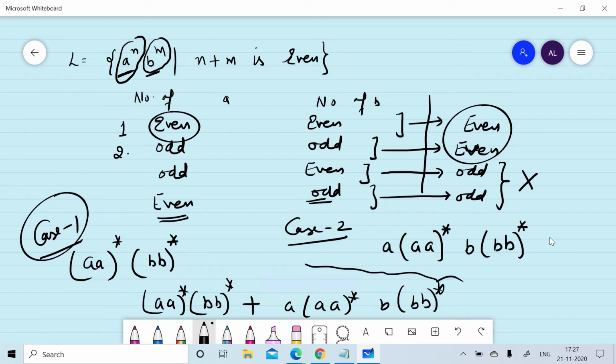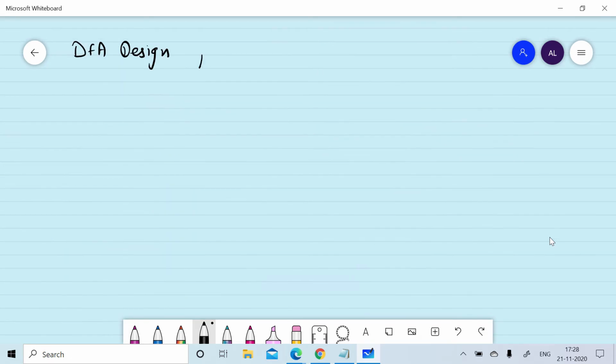So this represents the regular expression for the language L = {a^n b^m}, where n plus m is even. Now we will design its DFA and then we will try to convert that DFA into a regular expression using the state elimination method. So L = {a^n b^m}, n plus m is even.